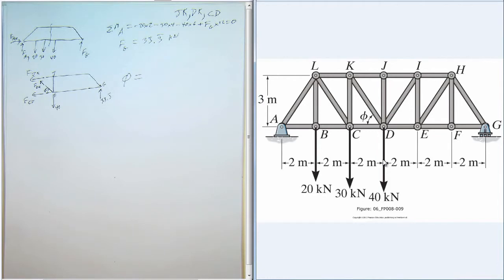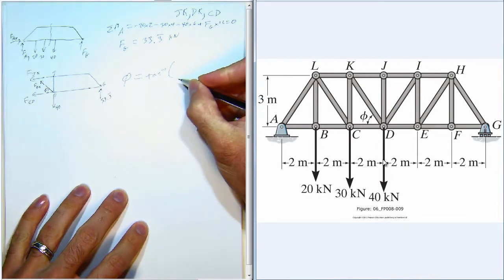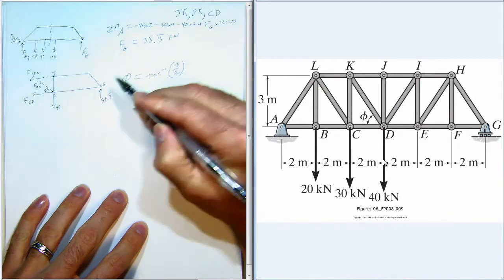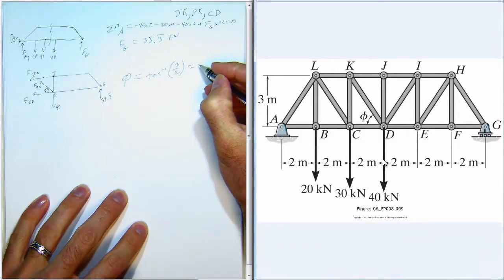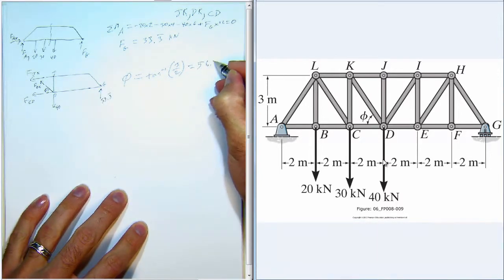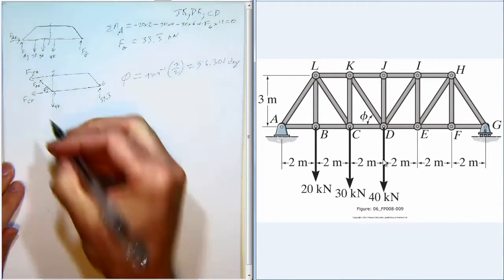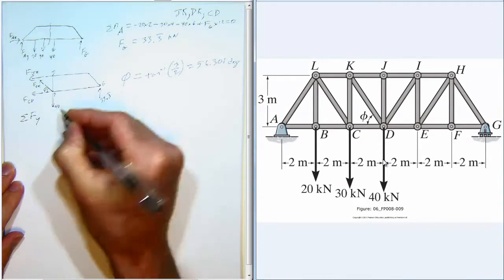So phi is the inverse tangent of 3/2, and that is 56.301 degrees. So now we can take the sum of the forces in the y direction. That will have only one unknown in that equation, so we can solve directly for FDK.